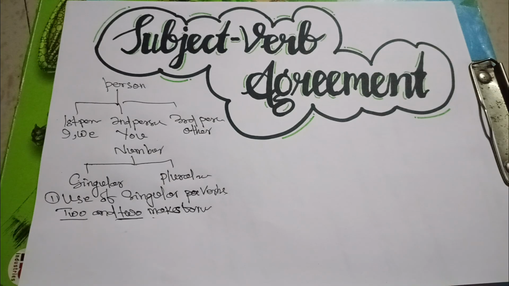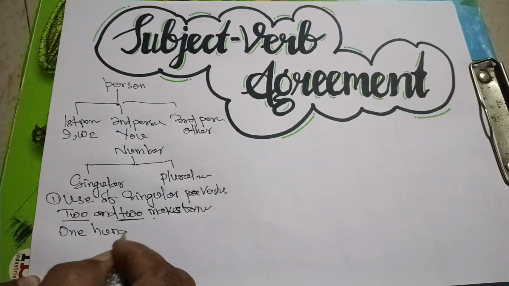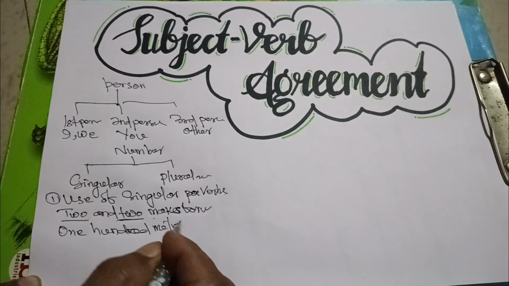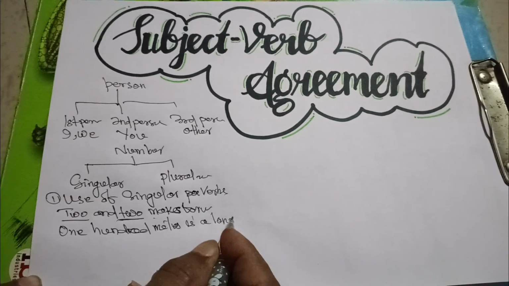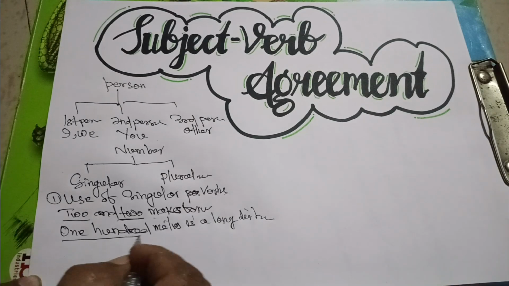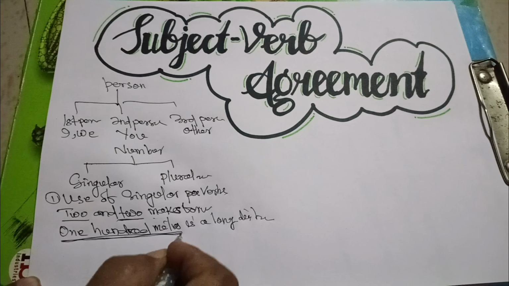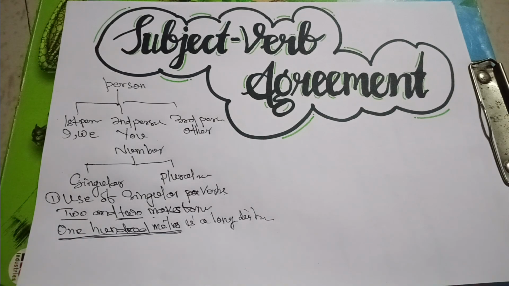For example, 100 miles is a long distance. Here 100 miles refers to distance, so a singular verb is used.